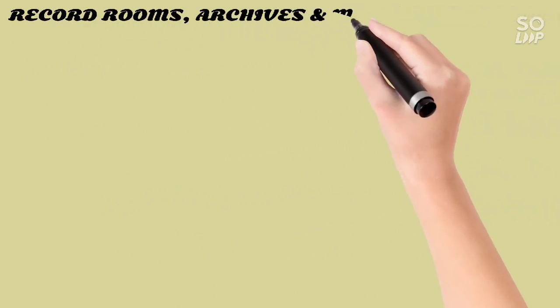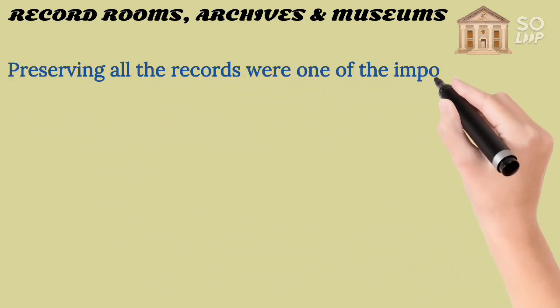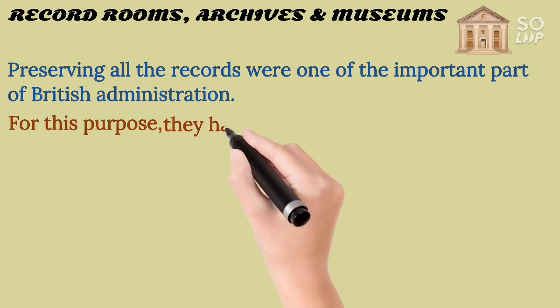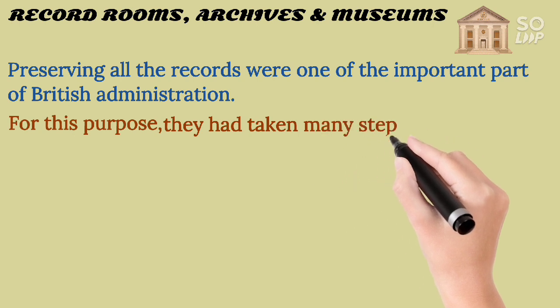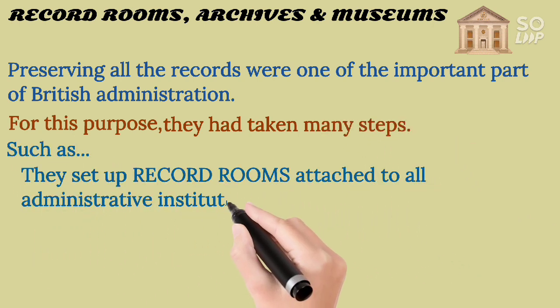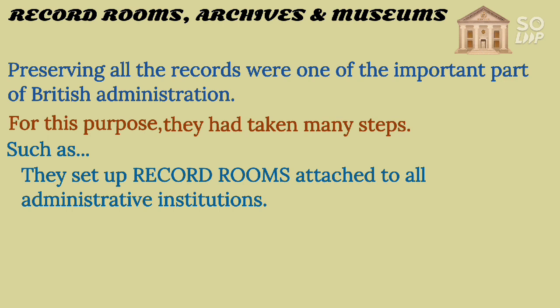Next source, record rooms, archives and museums. The British government not only recorded their actions related to administration but also carefully preserved them all. So, preserving all the records was one of the important parts of British administration. And for this purpose, they had set up many provisions, such as the British government set up record rooms attached to all administrative institutions.